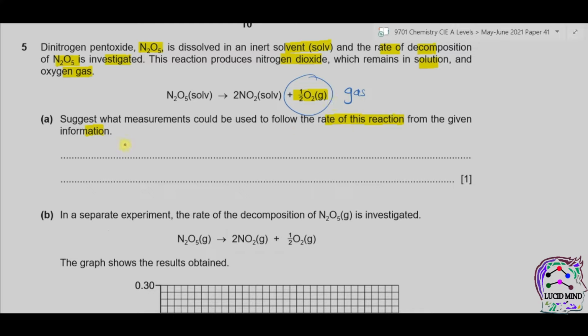So we can say that the volume of oxygen formed can be measured against time taken to find the rate of chemical reaction.